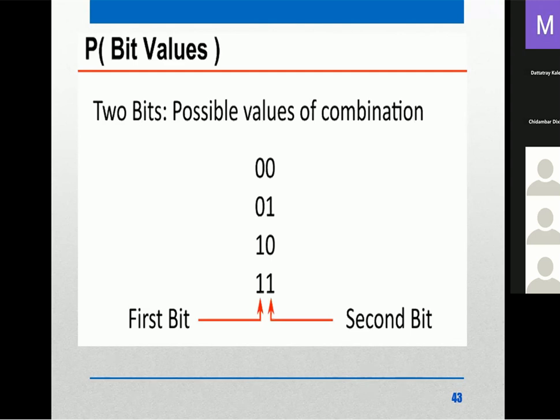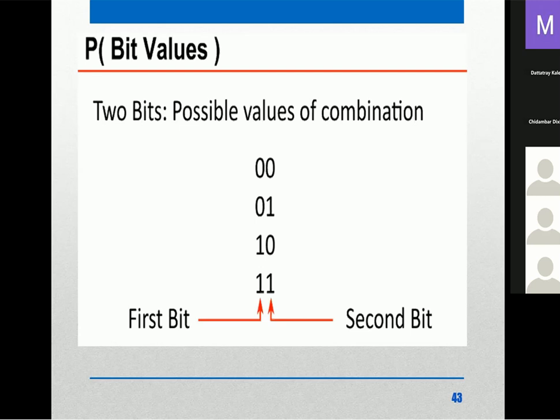In this situation, on the slide you can see 00, 01, 10, 11. The possible combinations of two bits are shown here, right? Each combination can be considered an event.